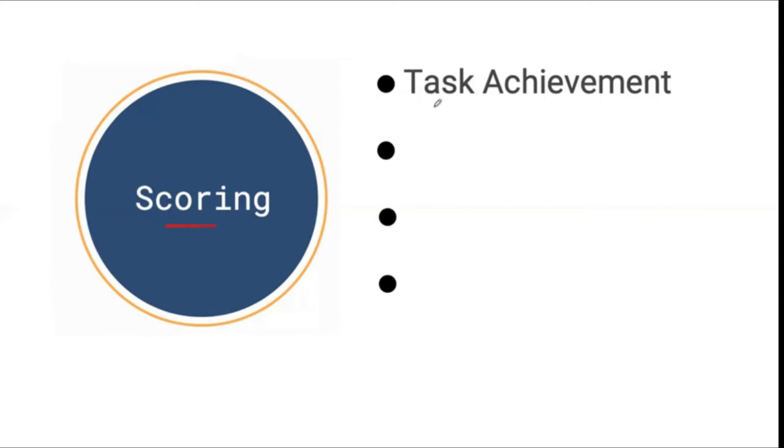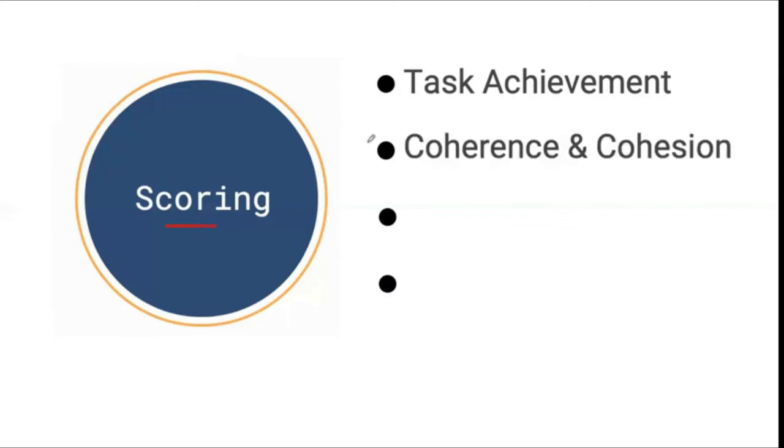So there are various parts that you'll have to include in this essay, and I'm going to teach you how to understand which ones you have to include. In any case, the task achievement will judge your ability to fully develop your answer and answer the question in your writing prompt. The second point is coherence and cohesion.